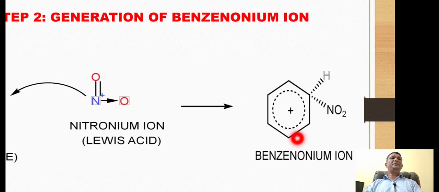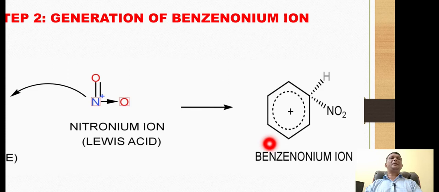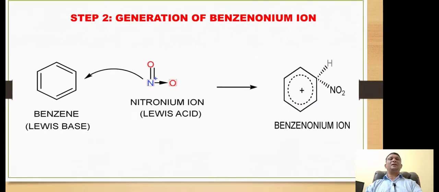So this benzenonium ion represents the intermediate carbocation whereby the positive charge is developed over the entire benzene ring, as the benzene ring is imparting its electron pair to the nitronium group, so a positive charge is generated.